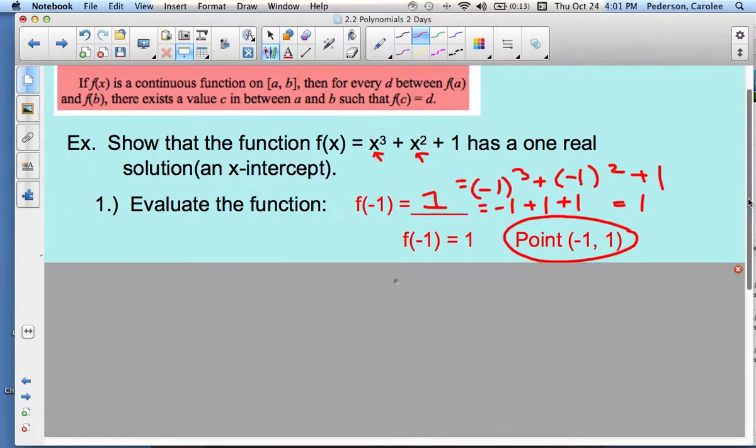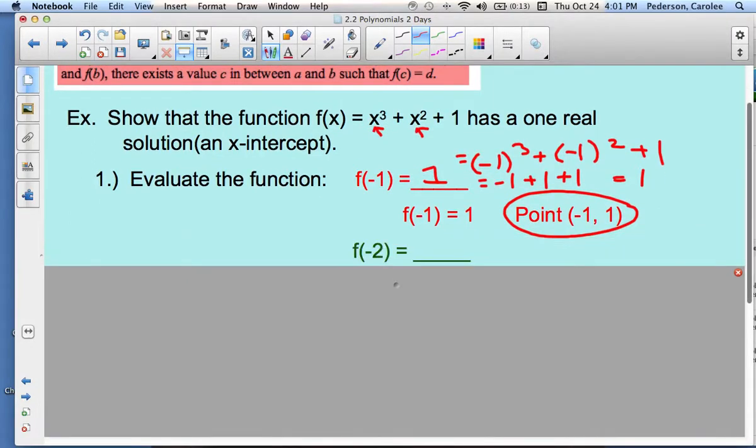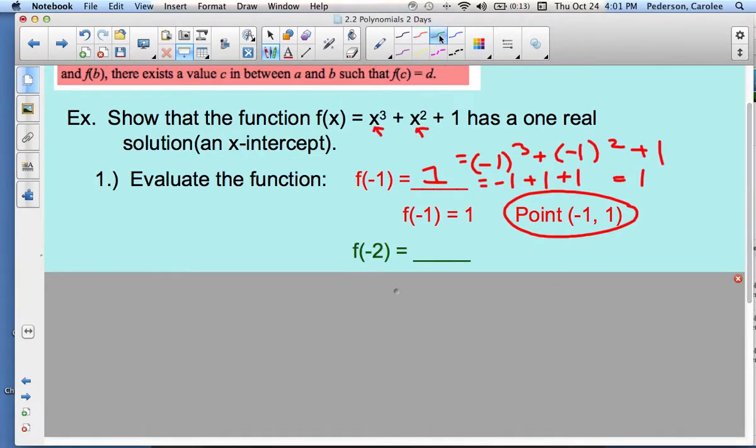Now let's find another point, f of negative 2. So I'm going to substitute negative 2 now in for x. So I can say negative 2 cubed plus negative 2 squared plus 1. And I simplify that.